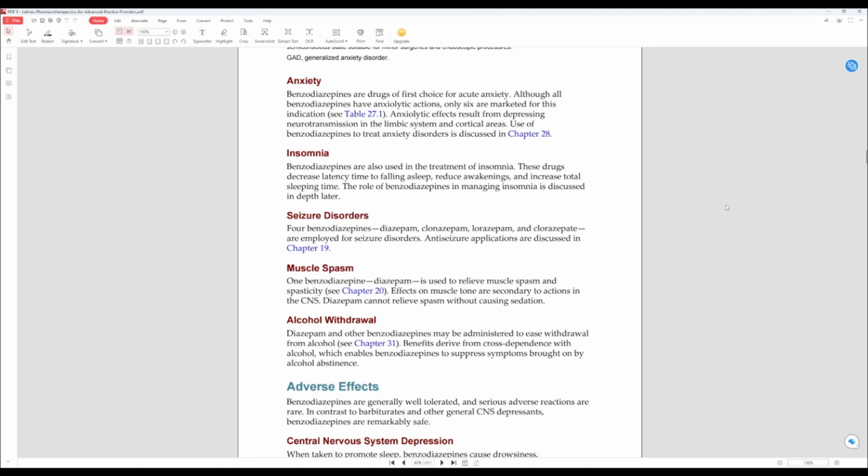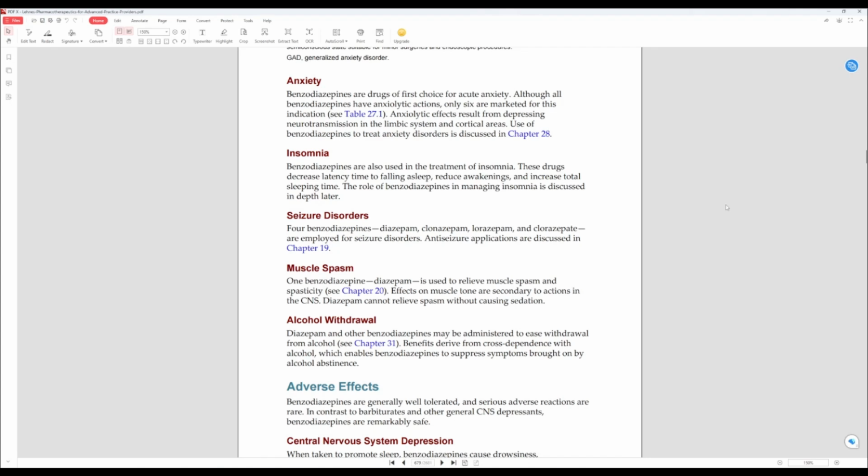Seizure disorders. 4 benzodiazepines, diazepam, clonazepam, lorazepam, and clorazepate, are employed for seizure disorder. Anti-seizure applications are discussed in Chapter 19. Muscle spasms. One benzodiazepine specifically, diazepam, is used to relieve muscle spasms and spasticity, which was discussed in Chapter 20. Effects on muscle tone are secondary to action in the CNS.